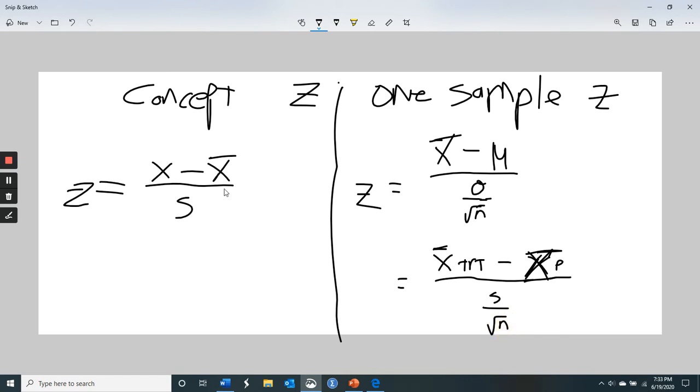So it's exactly the same as this. We're comparing two things on top, except the two things here were an individual score versus the sample mean.